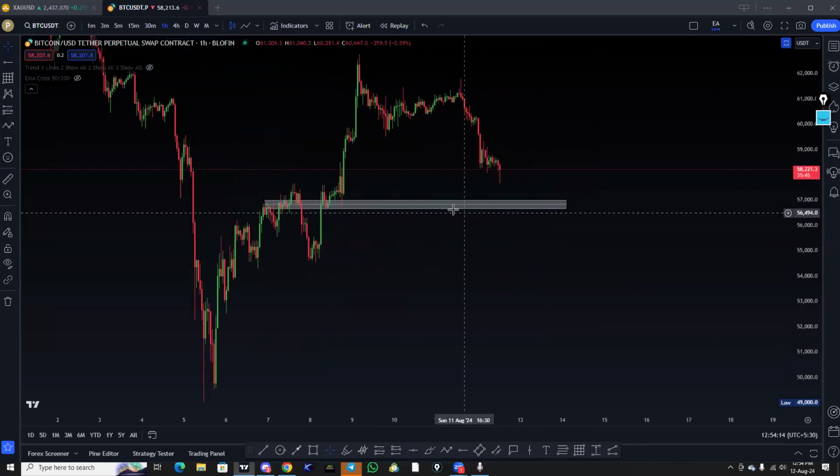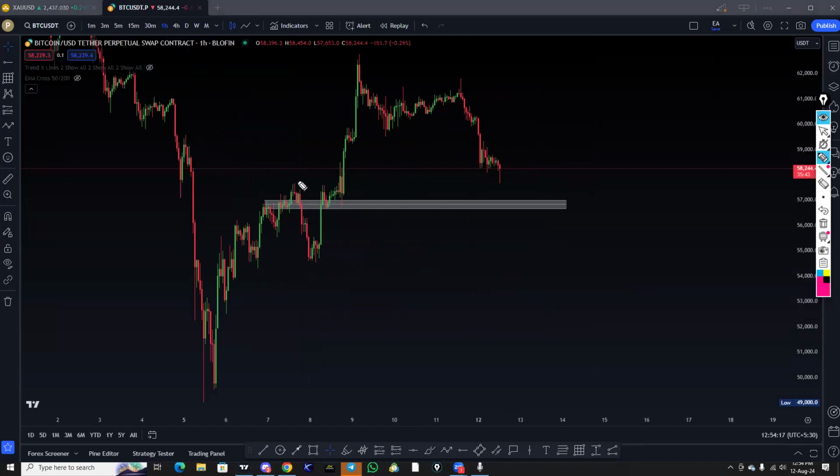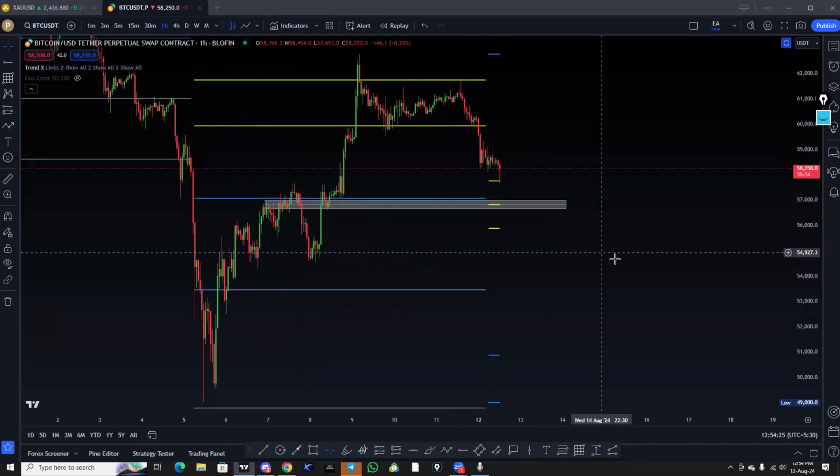Now it's taking this level, right? So we'll see. We'll wait for today or any bullish candle here. If you have any chart, please tell me, I'll look at the chart and we'll try to mark any zones.